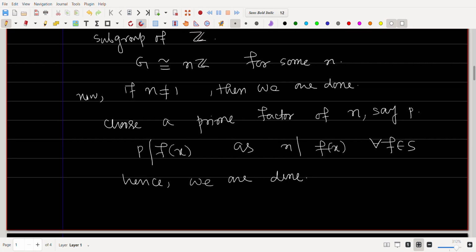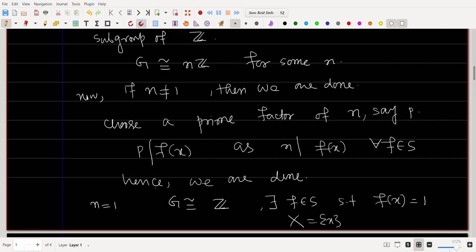Why is n not equal to 1? See, if n equals 1, then G is isomorphic to Z. That means there exists an f in S such that f(x) is 1. Now my set X is a singleton, right? So that means this map f(x) equal to 1 is the unity of R, right?